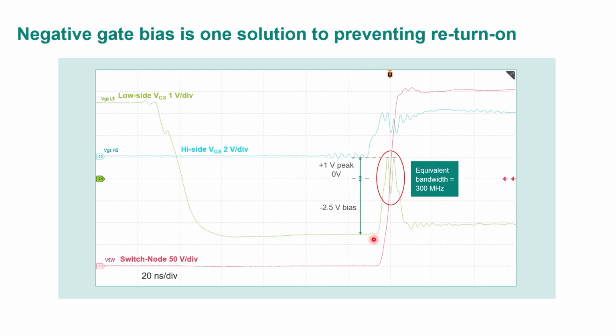In the green curve on the low side, you can see the gate bounce voltage that's nearly hitting the threshold. If I didn't have this minus 2.5 volt bias, this would fully turn on the opposite device, the low-side device.